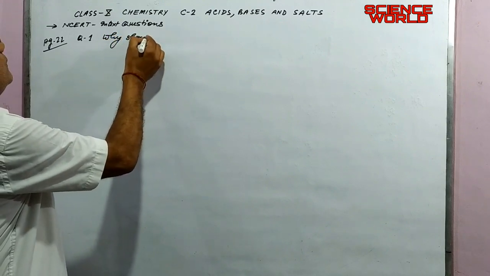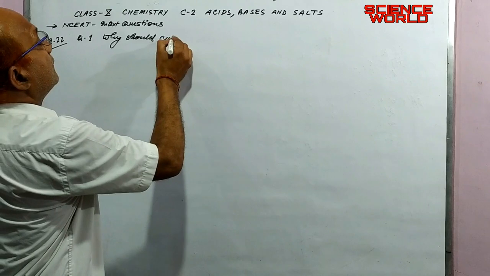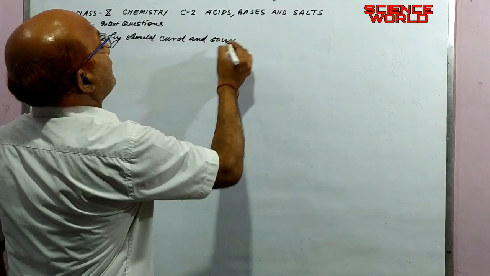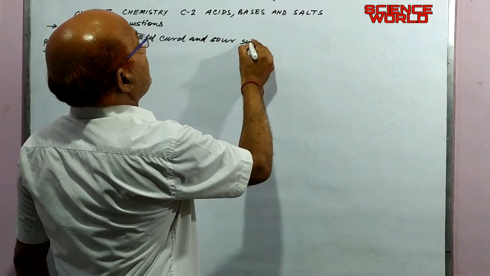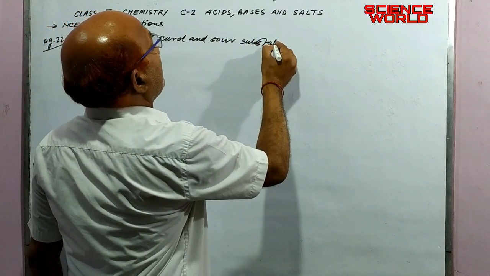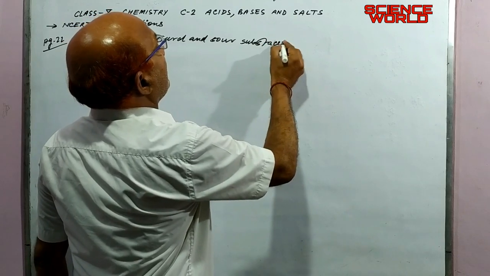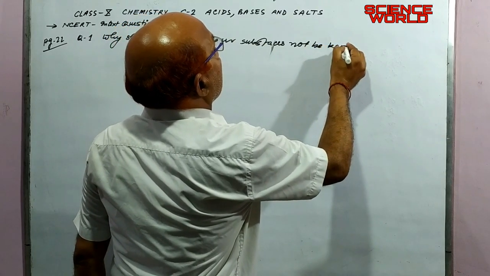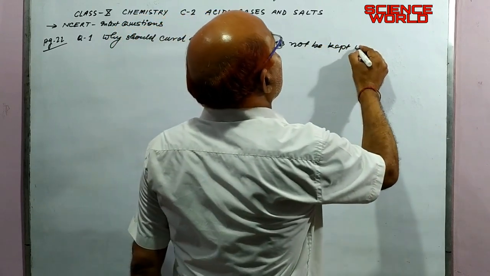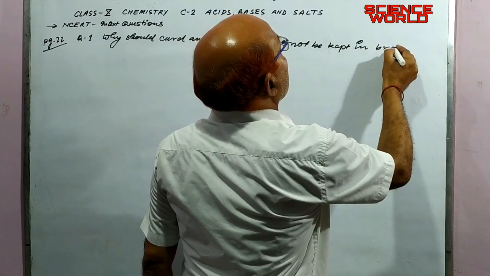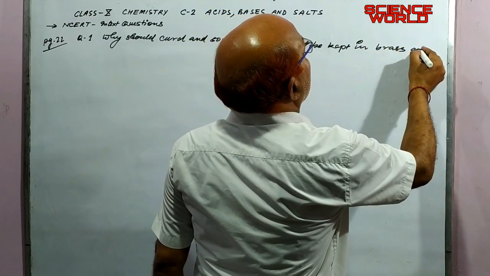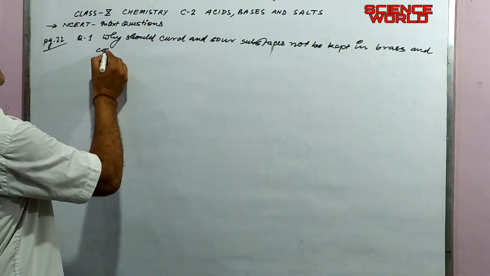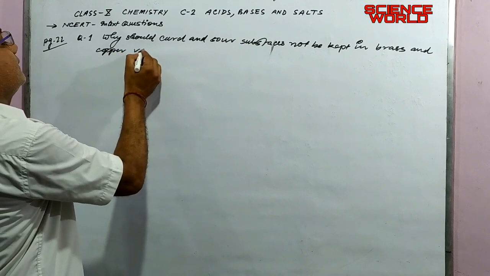Why should curd and sour substances not be kept in brass and copper vessels?